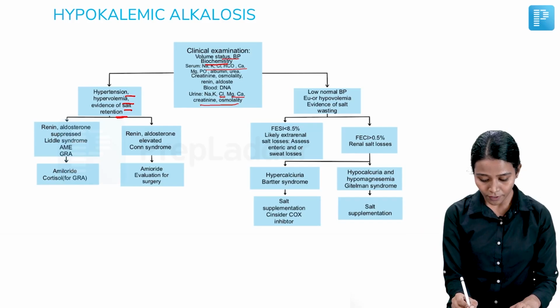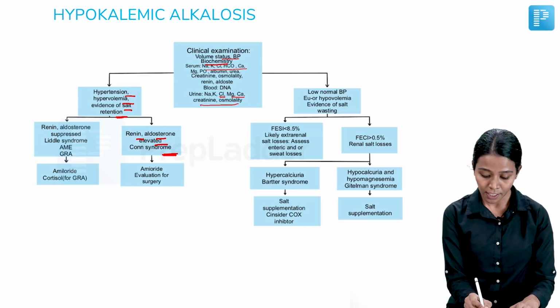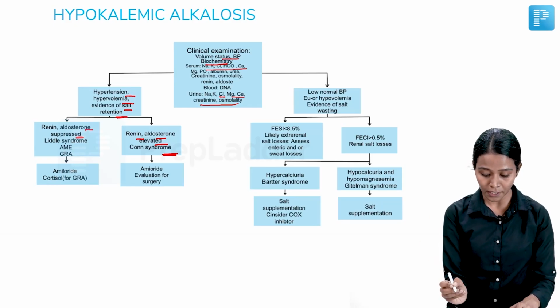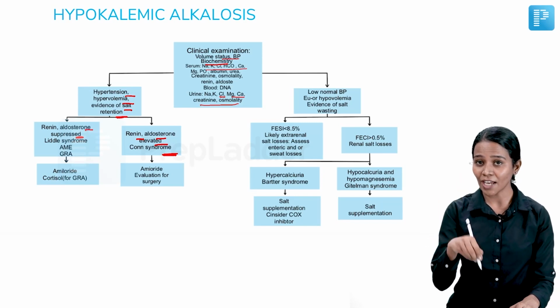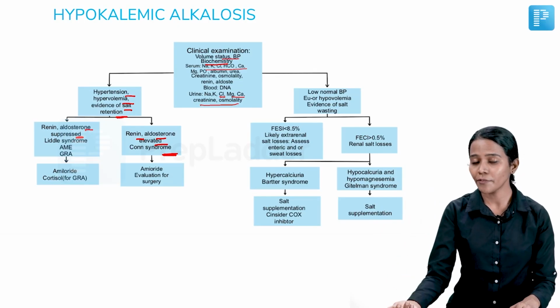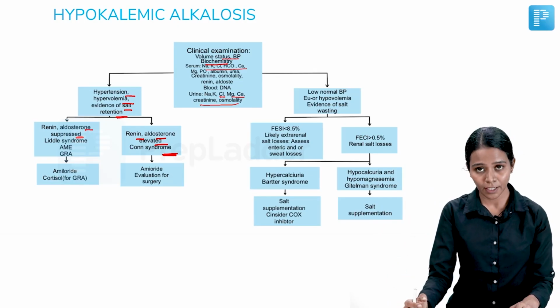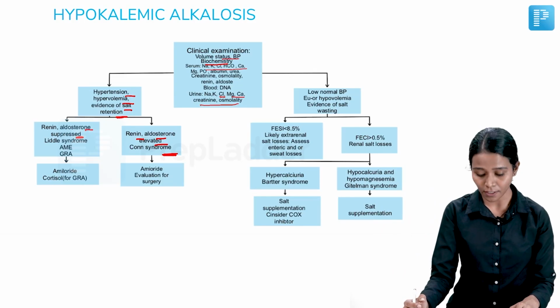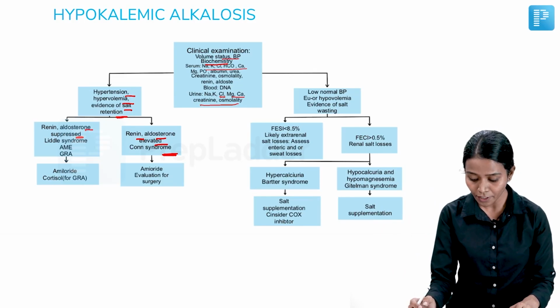Okay. So, if renin and aldosterone are elevated, then it could be Conn syndrome, that is primary hyperaldosteronism. If renin and aldosterone are suppressed, that means the effector channel is activated, so the hormone is suppressed, right? So, the effector channel gets activated in the Liddle syndrome, in apparent mineralocorticoid excess, and also glucocorticoid remediable aldosteronism.